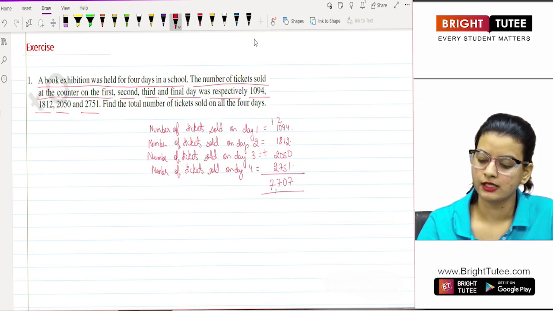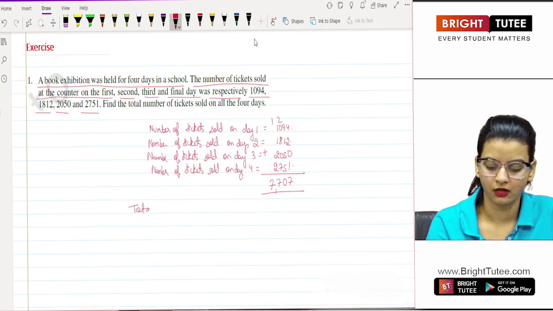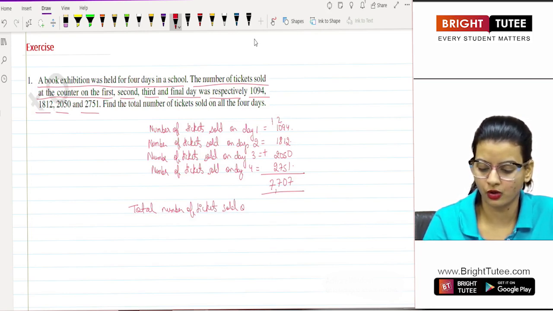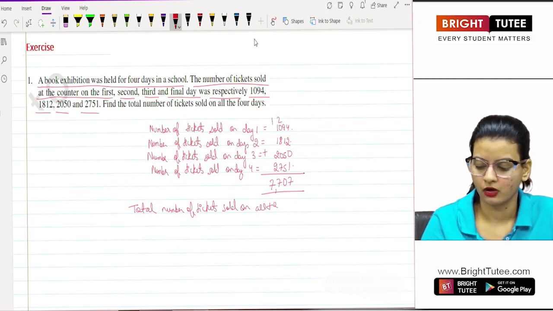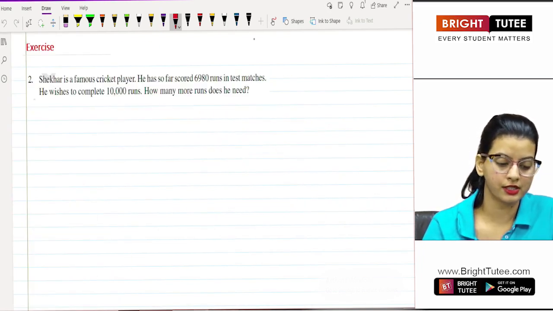So total 7,707 tickets were sold. So total number of tickets sold on all the 4 days is equal to 7,707.